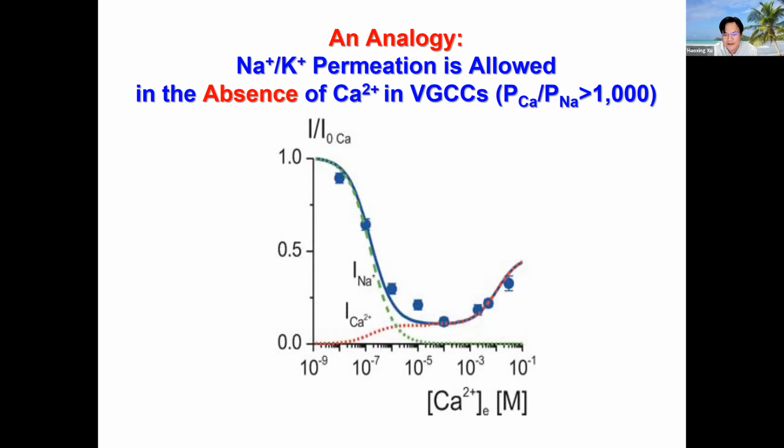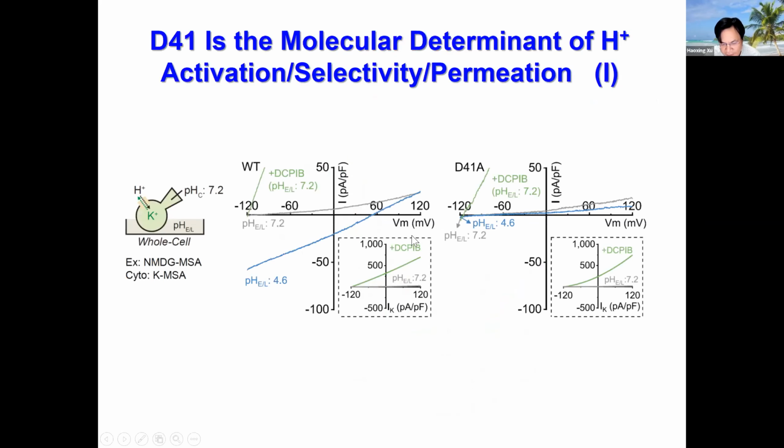At this point, we found that one amino acid, D41, might be responsible for proton permeation or selectivity or activation, because in this mutant, the proton current is abolished, but the potassium current, which requires synthetic agonist for activation, is intact.